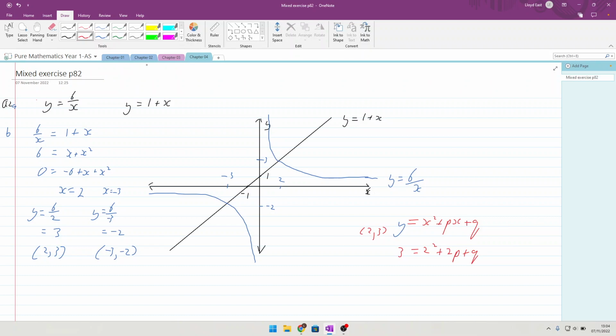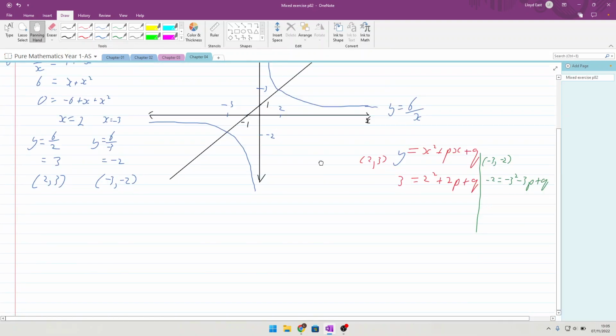And we also know that it goes through the coordinate of -3, -2, which means, give myself a line here, we end up going through -2 is equal to -3 squared minus 3p plus q. Okay, so we can solve these simultaneously.